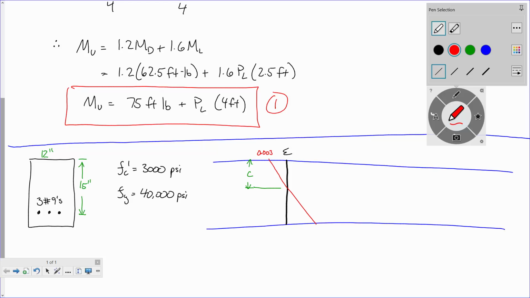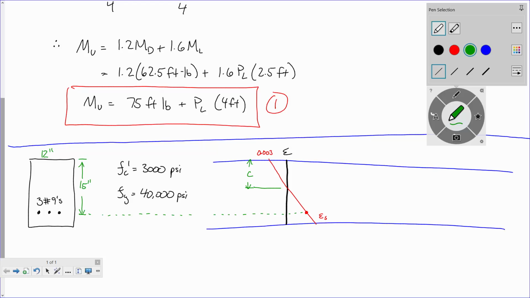And then down here, y'all bear with me, let's see. So I'm looking at the 3 number 9s. So if I extended this out, would you agree that that value is right here, that is epsilon in the steel, right?